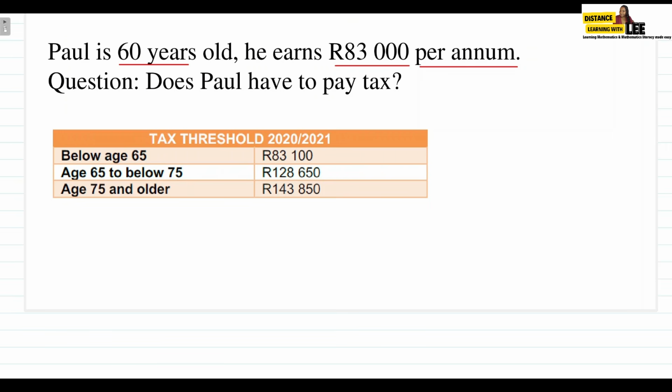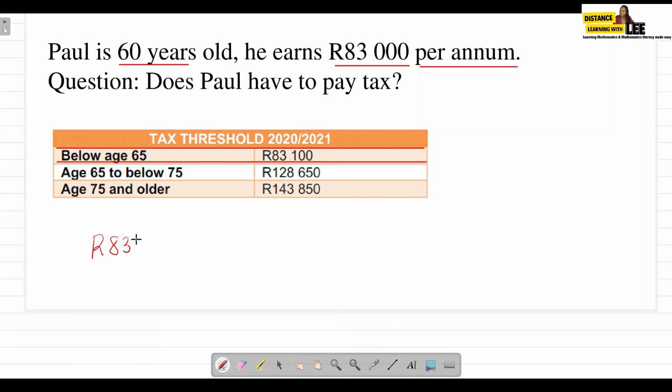In this case, we are told that Paul earns 83,000 per annum. What does that mean? If Paul is 60 years old, he falls within that first row, where if you are below 65 years, the tax threshold is 83,100. Now we need to determine whether Paul's annual income is below or above this tax threshold.